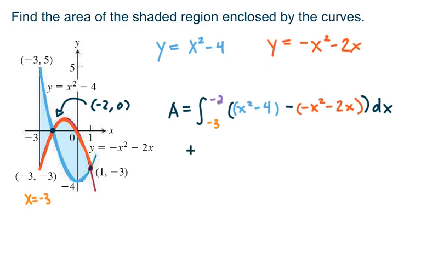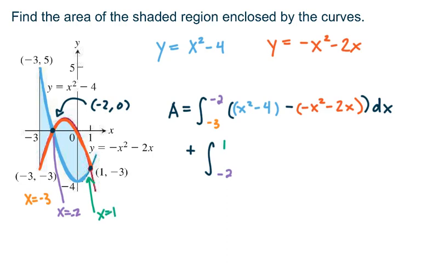And we're going to need to add to that the integral from x equals -2 to x equals +1.